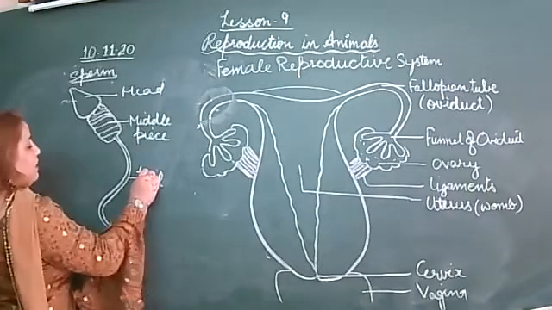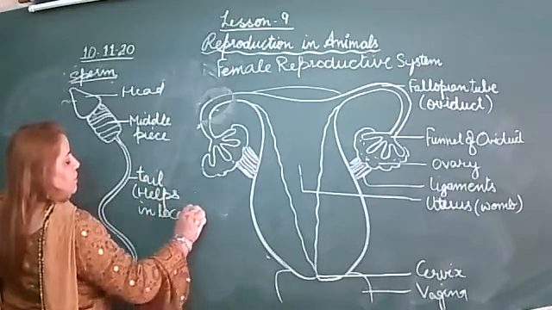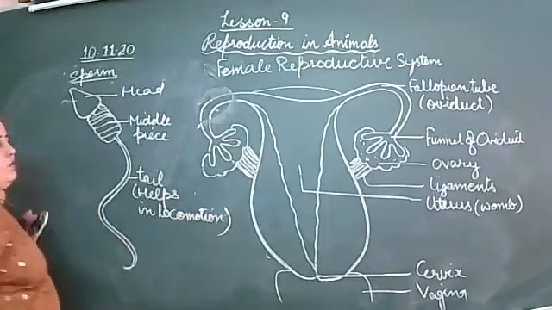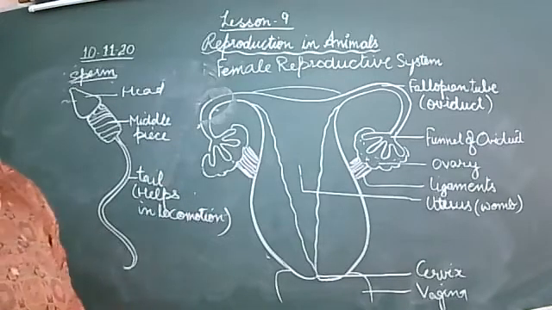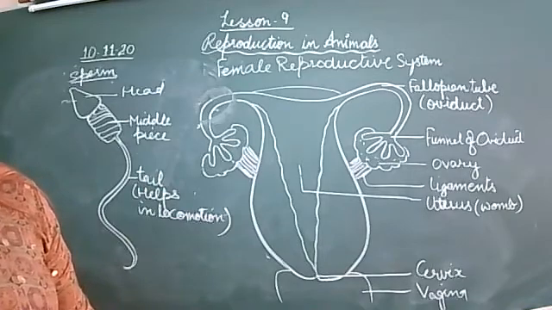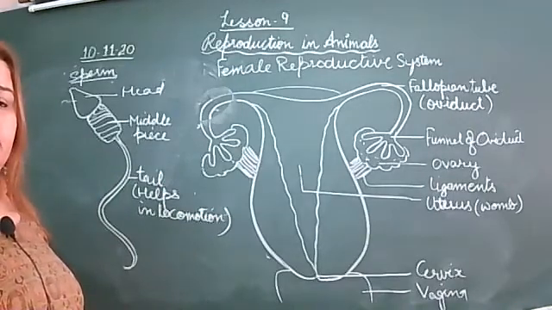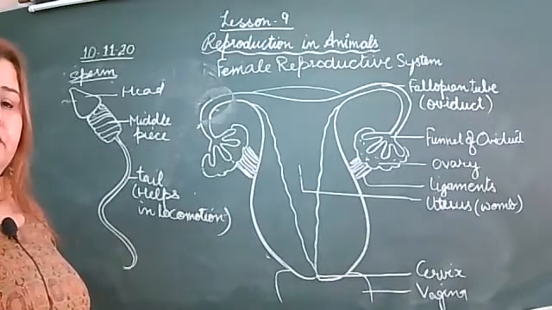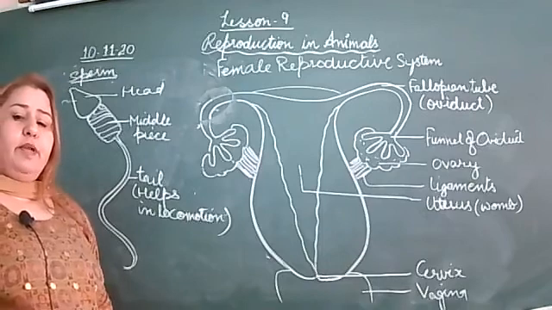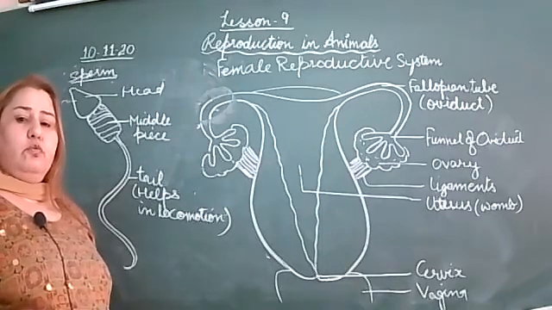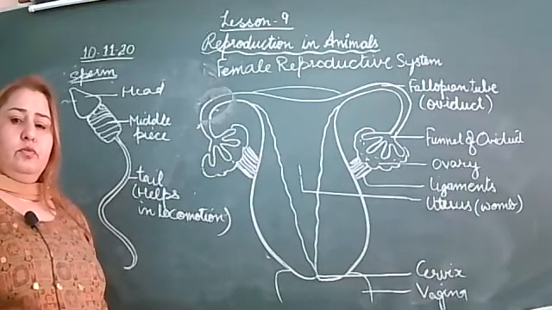And this tail helps in the locomotion. Clear? Head, middle piece, and tail. Tail helps in the locomotion.